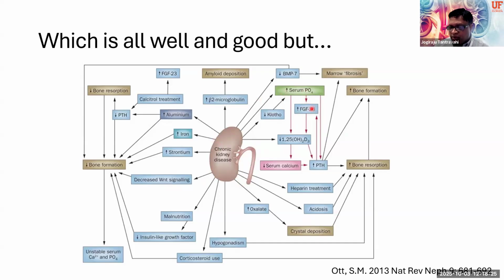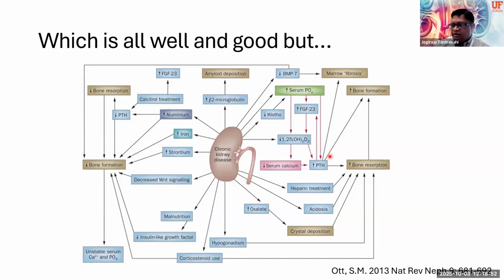Problem is that FGF23 also inhibits the formation of vitamin D. And if you have inhibition of vitamin D, you'll have decreased serum calcium absorption from the GI tract, and concurrently you'll have increases in phosphorus levels, both of which lead to hyperparathyroidism. Why do we care about hyperparathyroidism? Well, there are two types of PTH secretion.